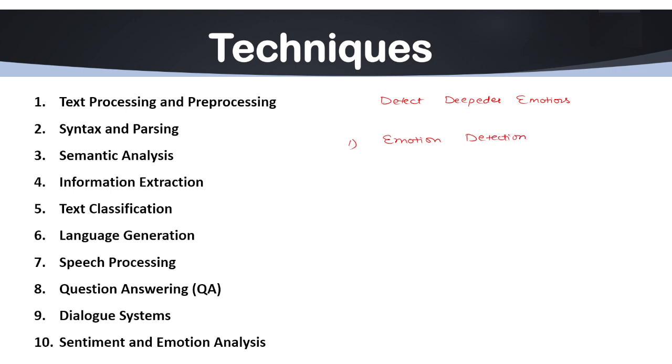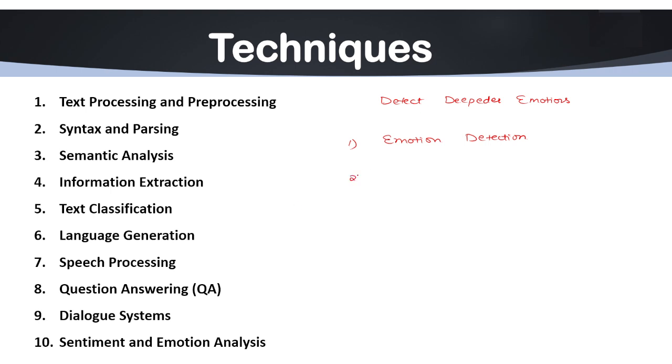Identifying some specific emotions like joy, anger, sadness, expressed in text, right? Like if I am using an AI system and I write that I am grateful today, this means I am feeling happy today. Emotion analysis and sentiment analysis help us to detect the deeper emotions just by analyzing the written statement. Clear?